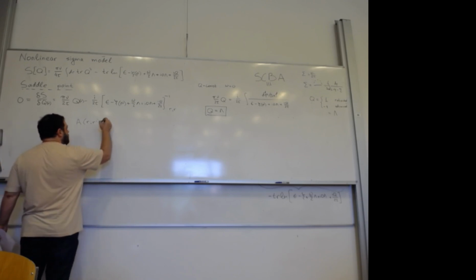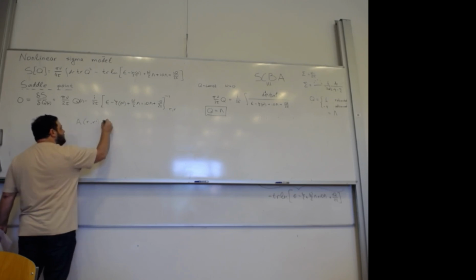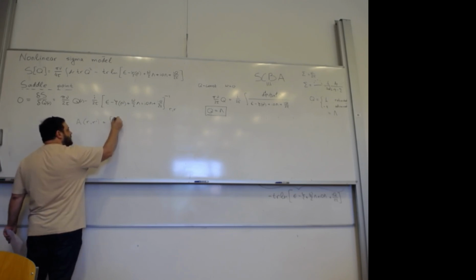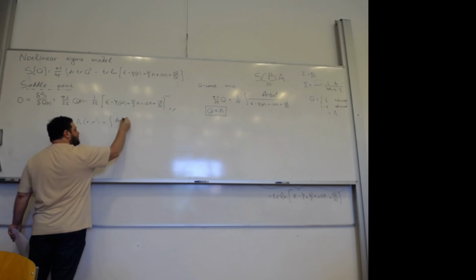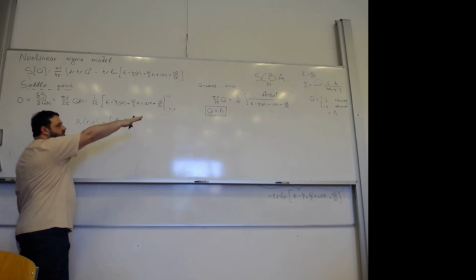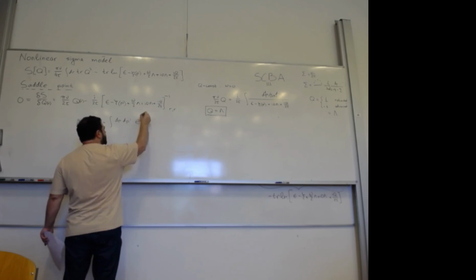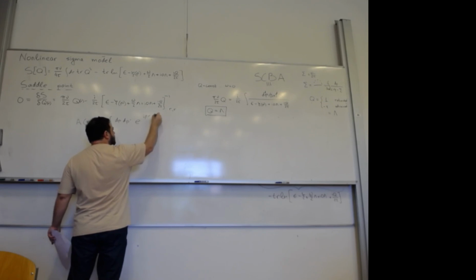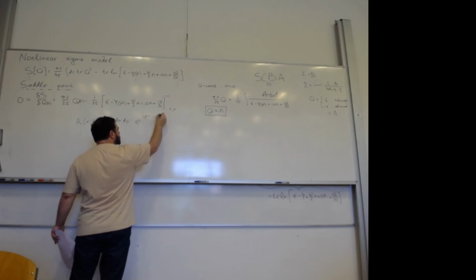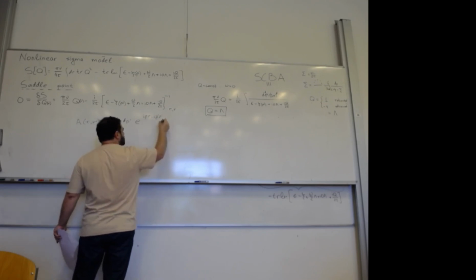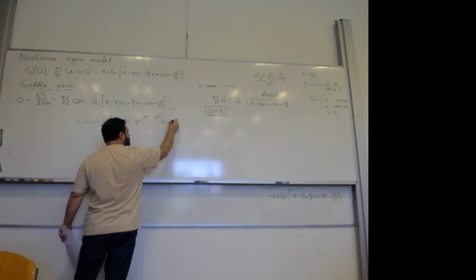So you say that this matrix is the integral over dp and dp prime, times the exponent of i p r minus i p prime r prime, and then this same matrix in momentum representation, dp prime.